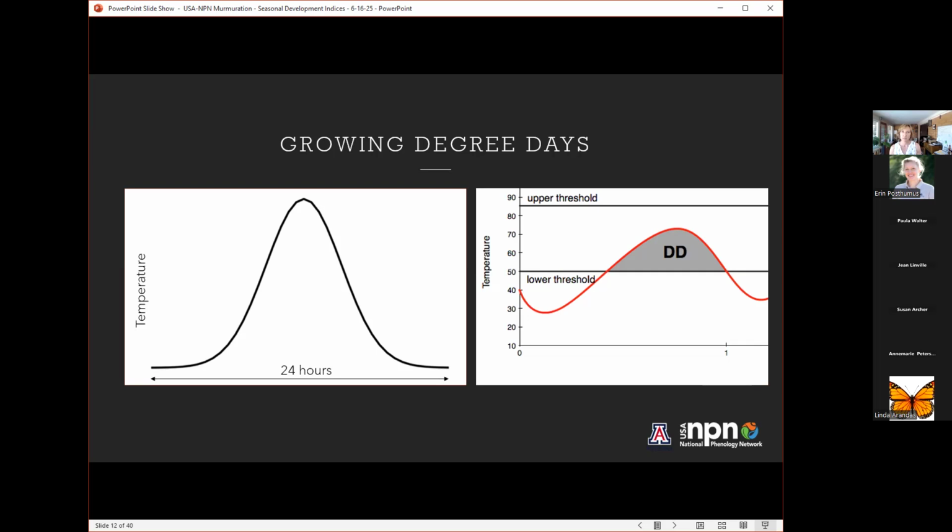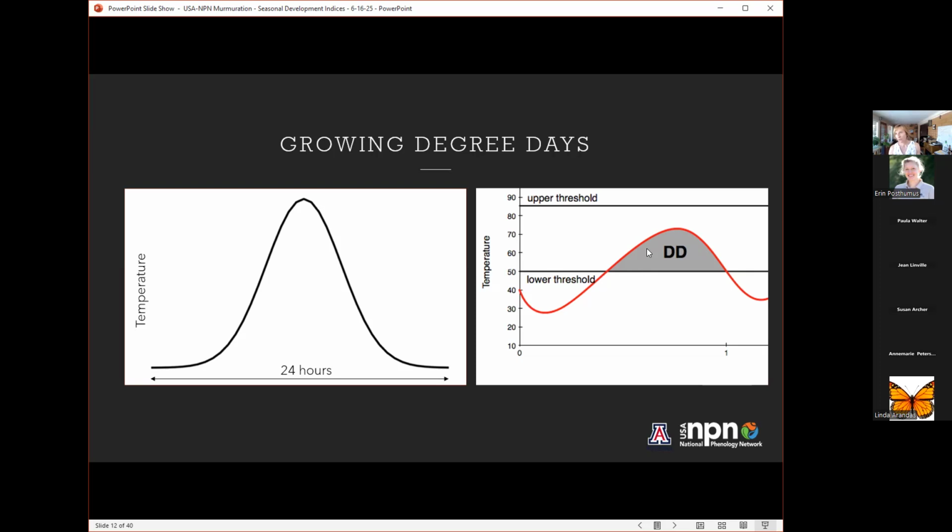It's effectively the temperature below which the organism will remain dormant or in diapause or whatever word you want to use, because it varies by taxonomic group, but it just ignores it and stays asleep. Once your temperature starts to bump above that, then they do pay attention to it. And so it's the part of the daily curve that happens to occur above that lower threshold.